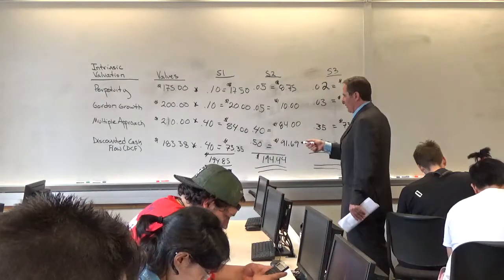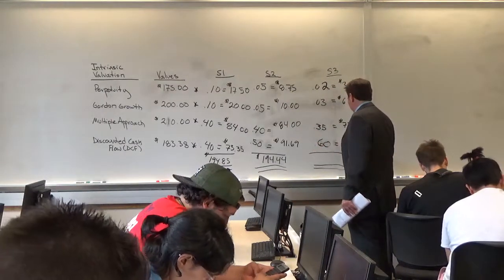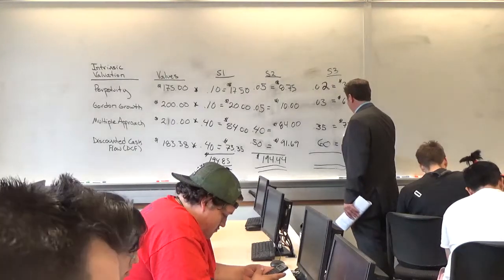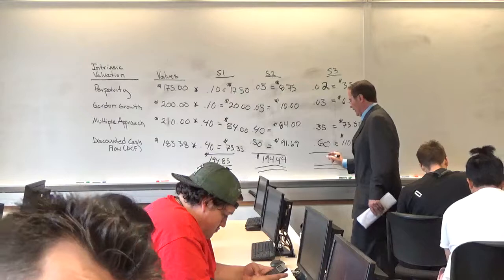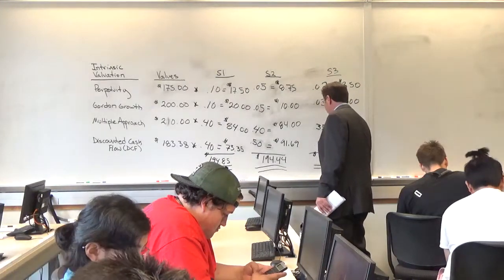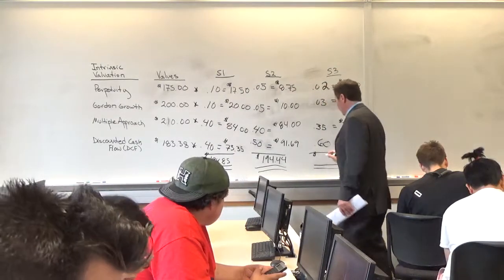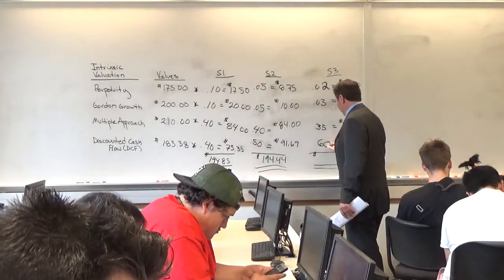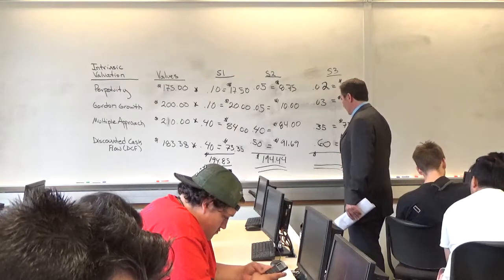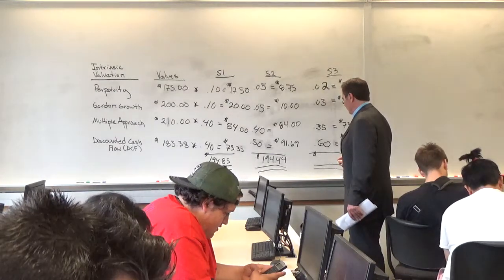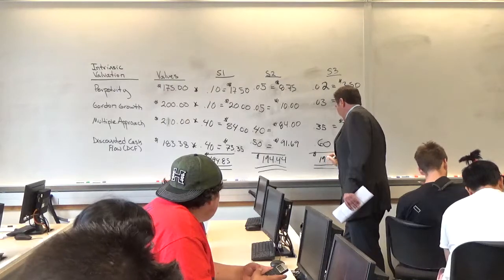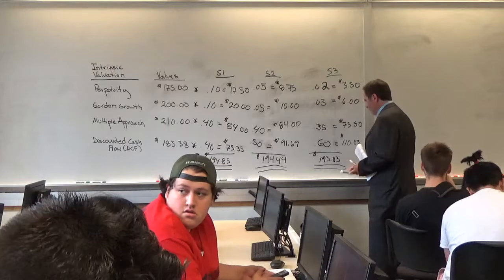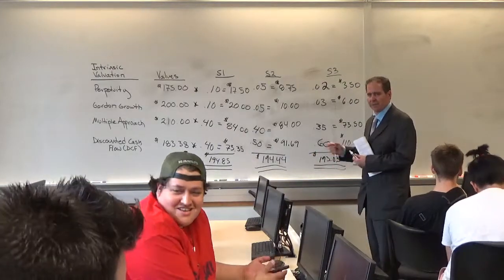And then 183.38 times 0.6. 110.028. Okay. Got it. And if you add those up, what do you get? $193, I believe. 93. I did it in my head. Okay. So you're only off slightly, right?